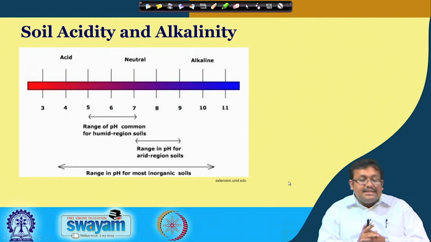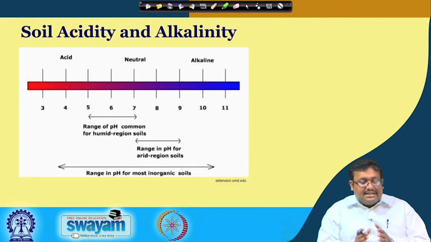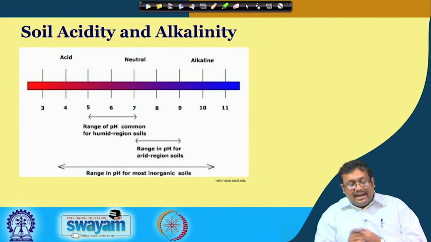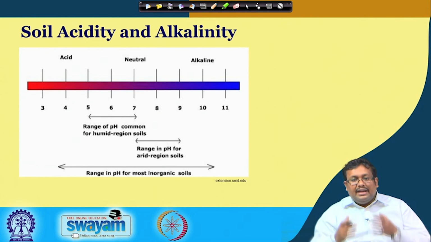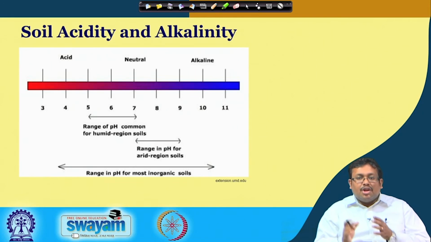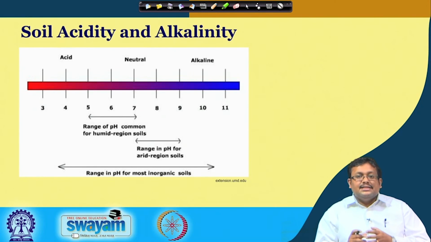This chart shows the ranges of acidic soil, neutral soil and alkaline soil. And remember one thing, for growth of the plants and uptake of the nutrients, the most optimum range of pH is 6.5 to 7.5. All the nutrients are available in optimum quantity or rate in this pH range.